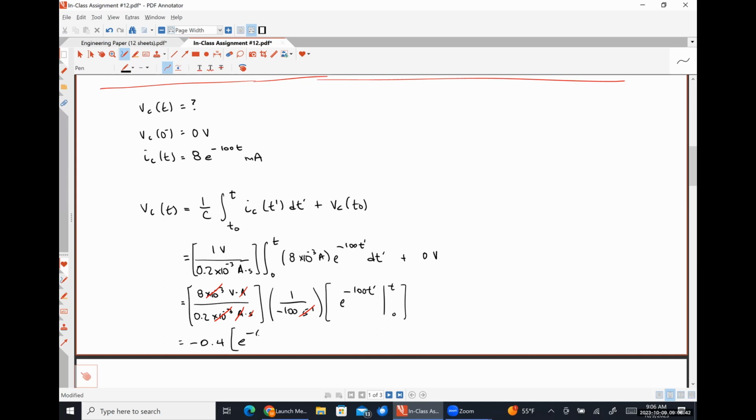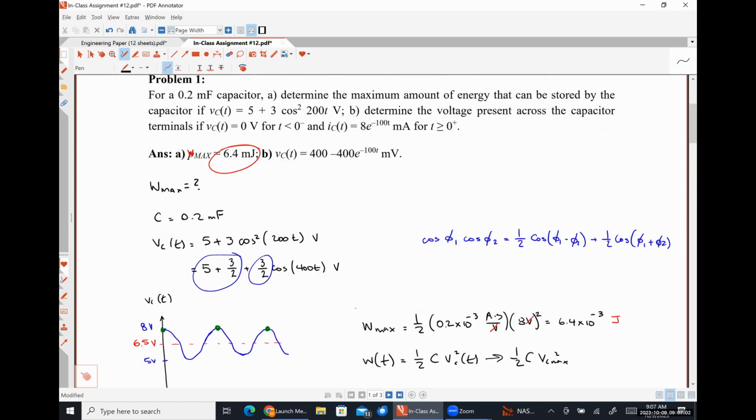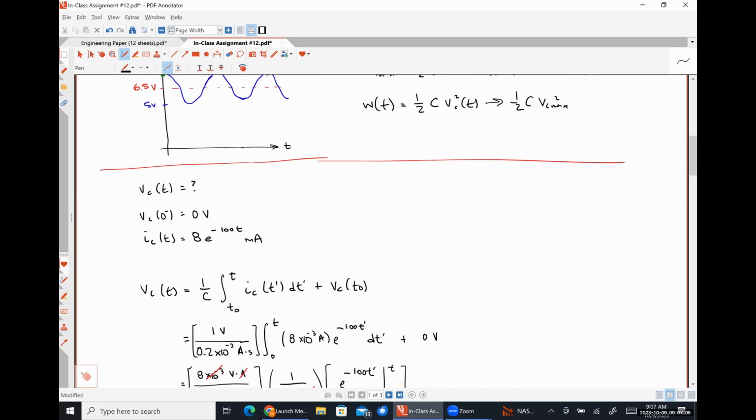So e to the negative 100t. What's e to the 0? Right? So this comes out to be 0.4 minus 0.4 e to the negative 100t volts. And converting it to millivolts, that 0.4 would look like 400.